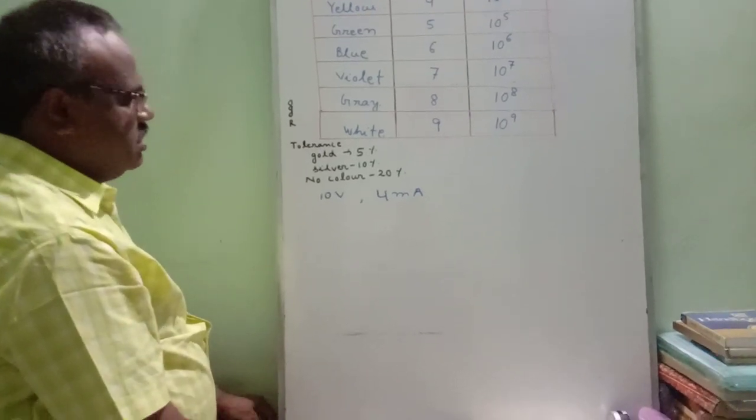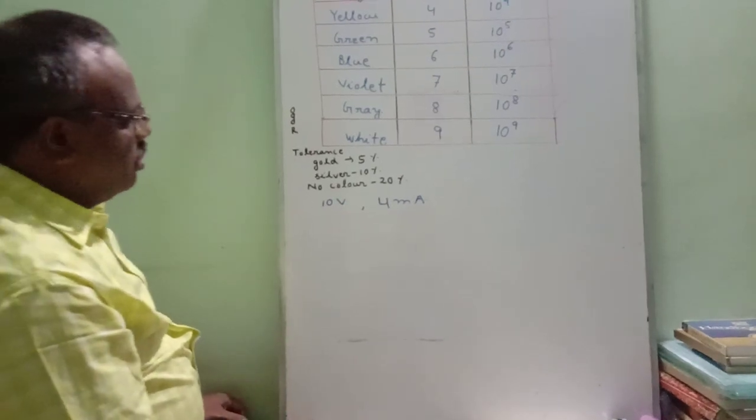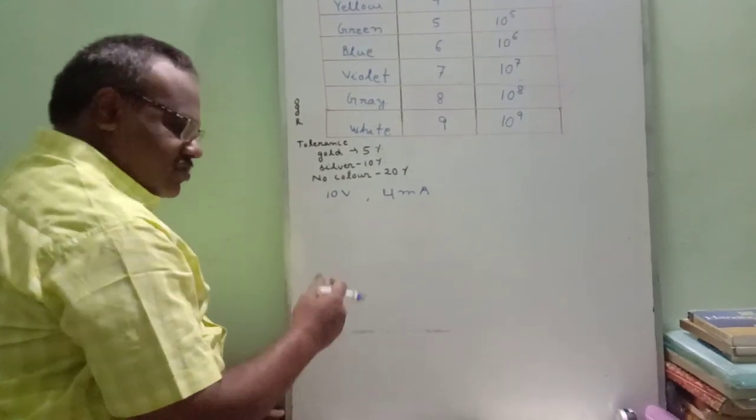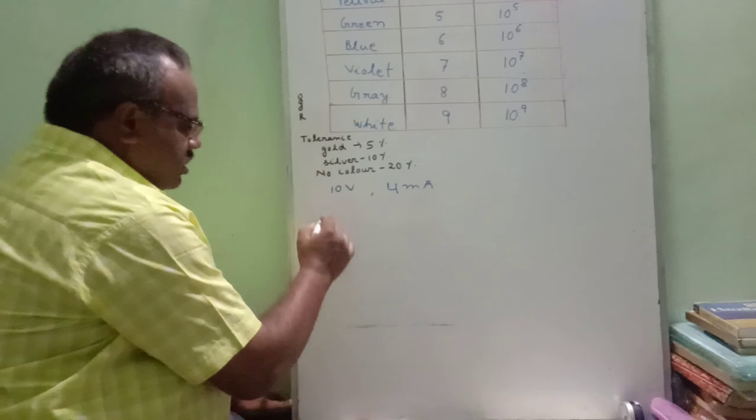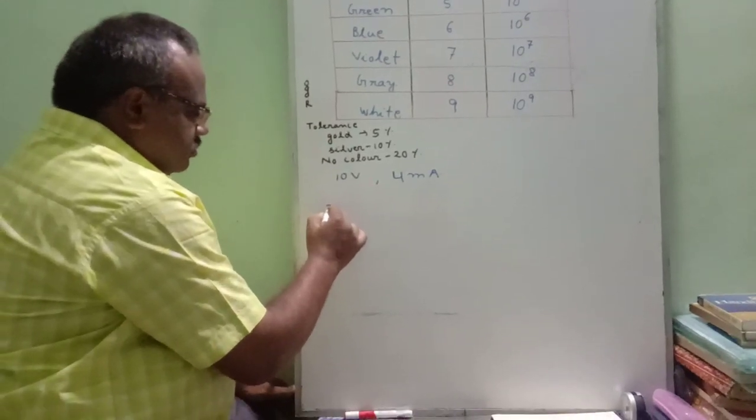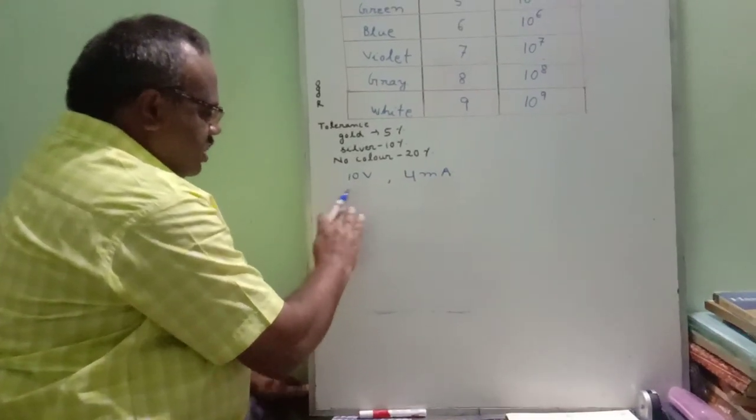Then what is the color code of the carbon resistor? So the current I is given, and this is the potential difference.